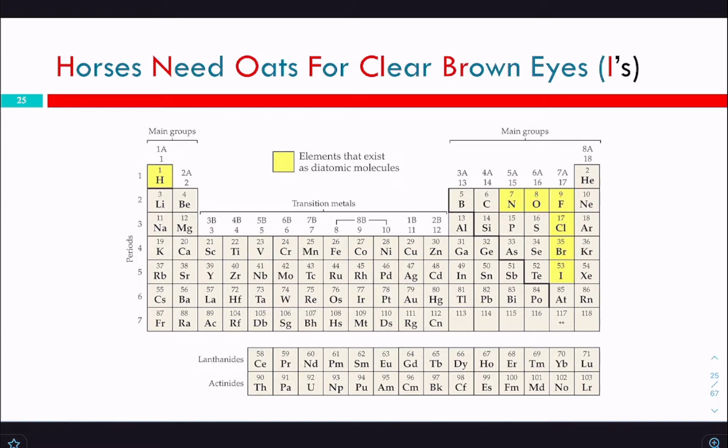And they're all gases. Right, so you could think about this as carbon's not a gas, because carbon makes up graphite, charcoal. So nitrogen, through all these gases, are the molecular elements. The other acronym commonly used is horses need oats for clear brown eyes, but not EYES, but the letter I.